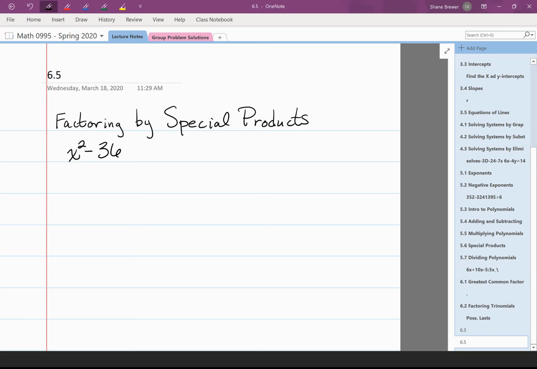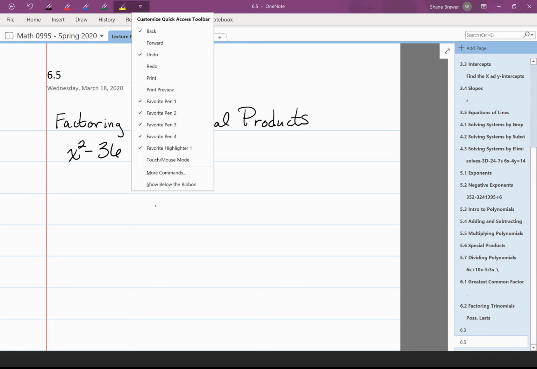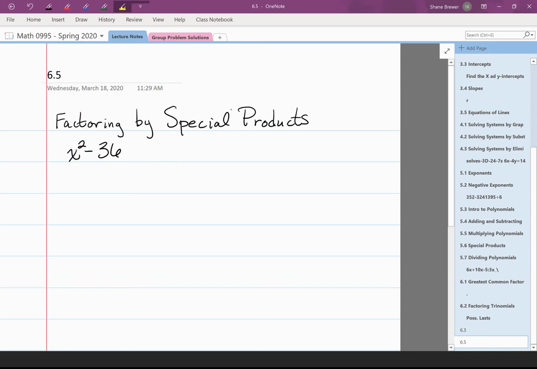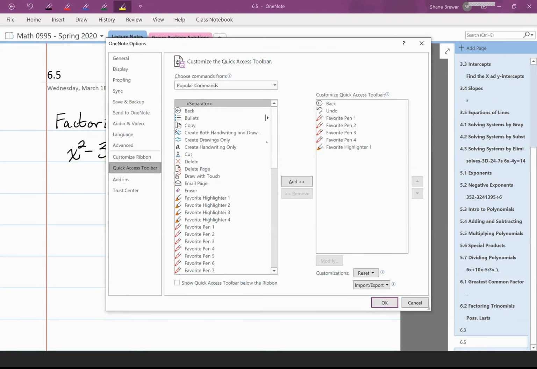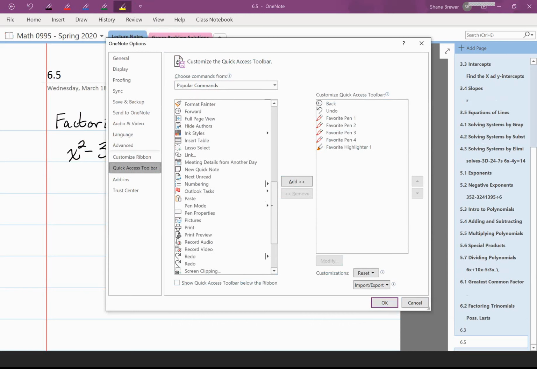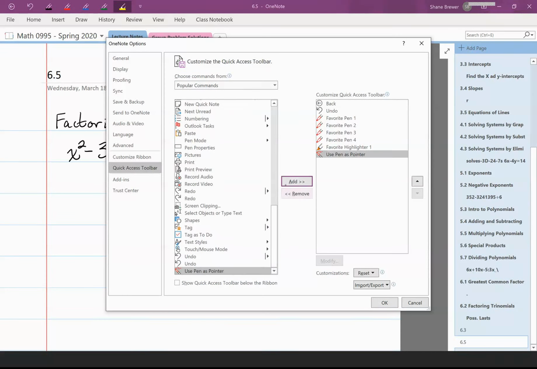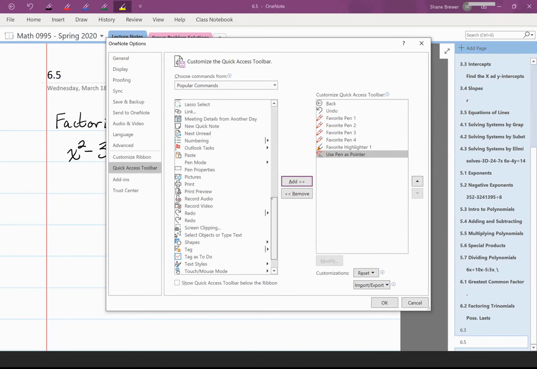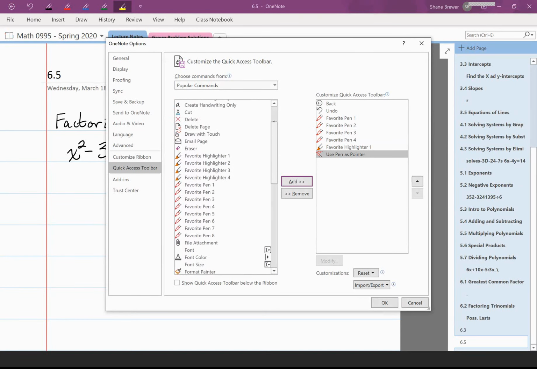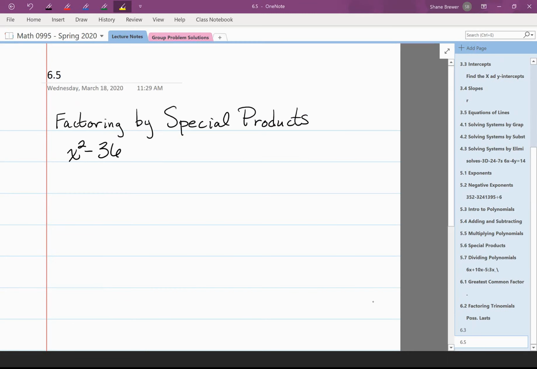The key is we're looking at things that have 2 terms, so 1 term and another term.